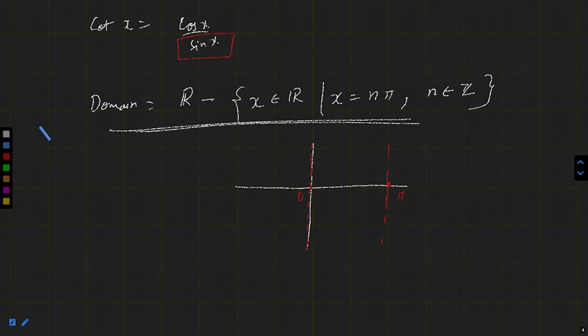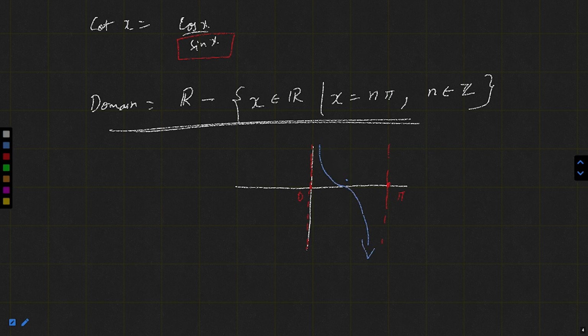So this means as sin x is near 0, the value will be much higher, and if x is near pi, the value will be negative and much lower, going to minus infinity.